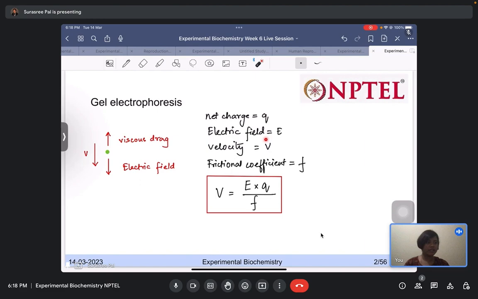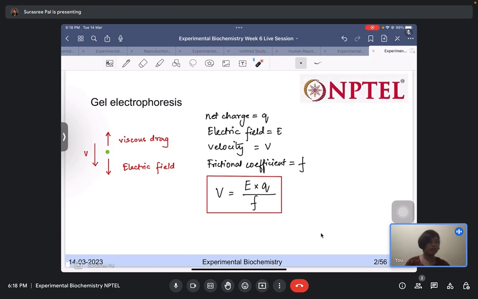The electric field is E, the velocity is v, but this molecule has a particular size, shape and mass, and because of its mass and shape, it will also suffer a viscous drag.